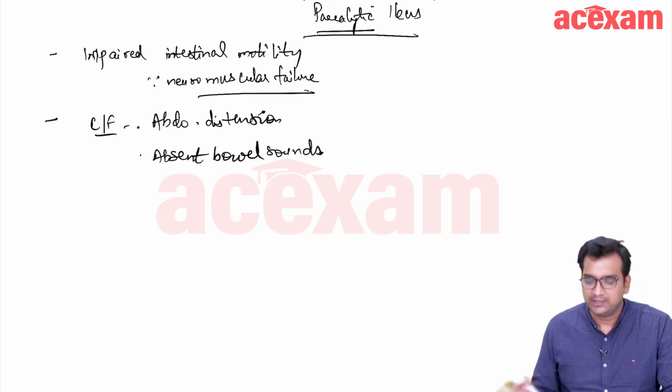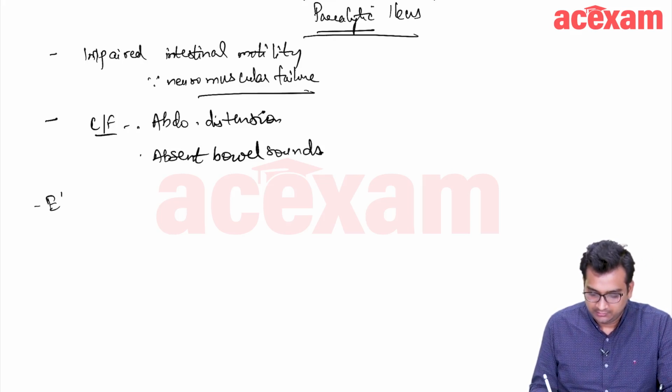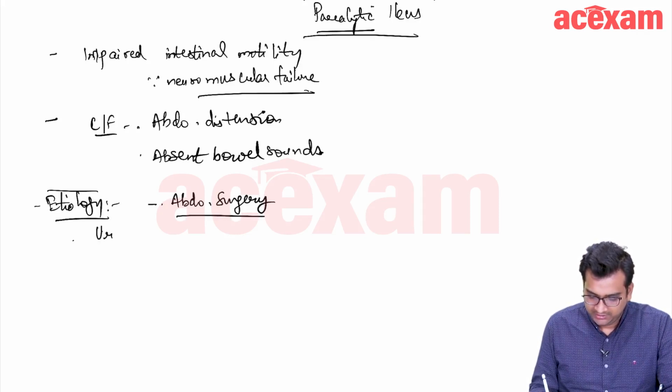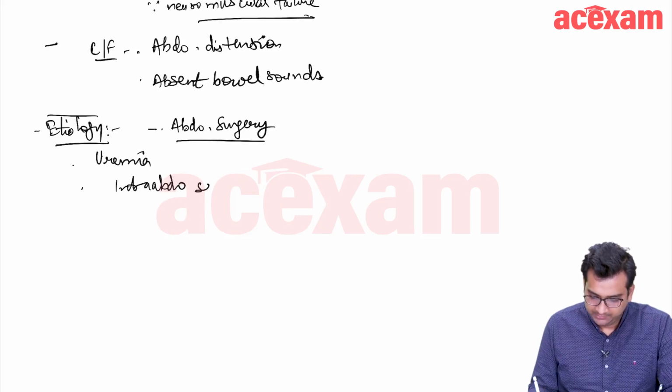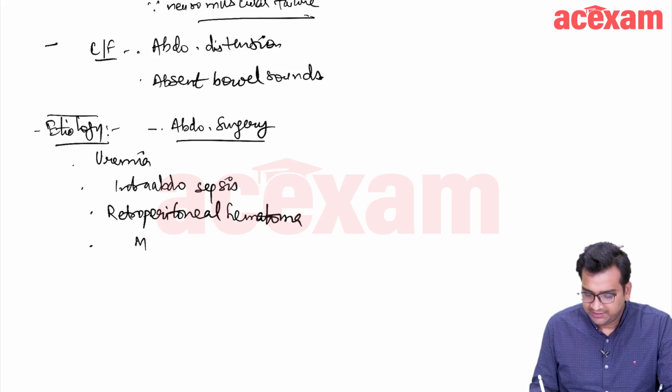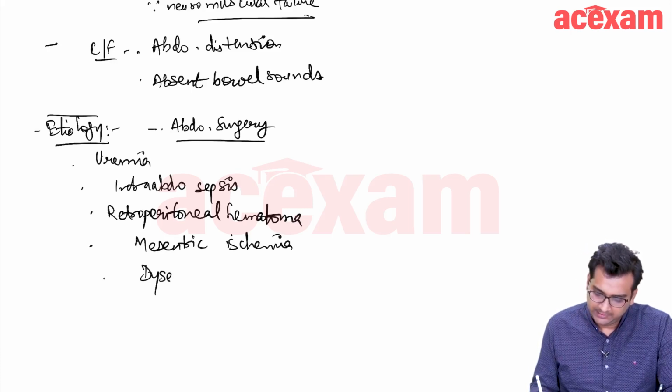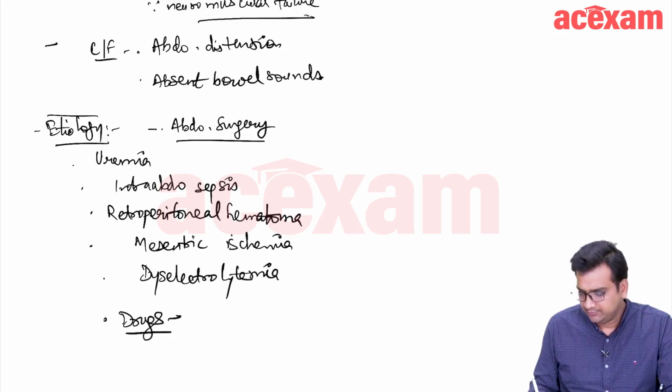Now, what are the causes or etiology for paralytic ileus? Any abdominal surgery, uremia, intra-abdominal sepsis, retroperitoneal hematoma, mesenteric ischemia, dyselectrolytemia, and drugs, opiates or antipsychotics.